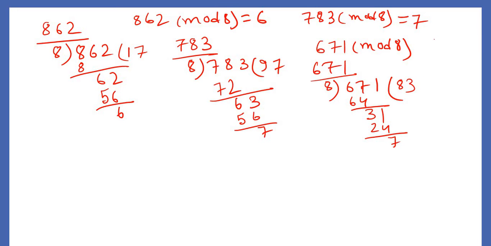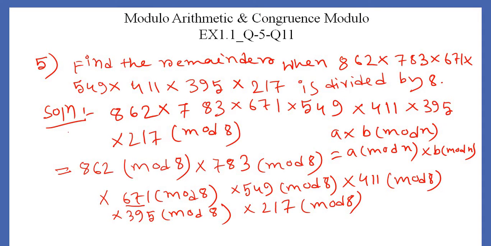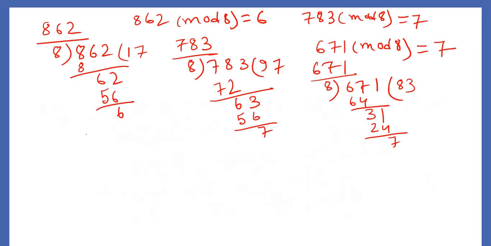So here also the remainder is the same as before, 7. Therefore the value of 671 mod 8 is 7. Next, find the value of 549 mod 8.